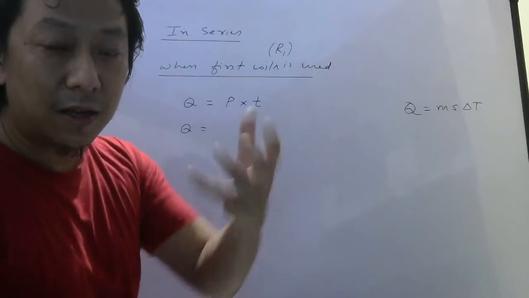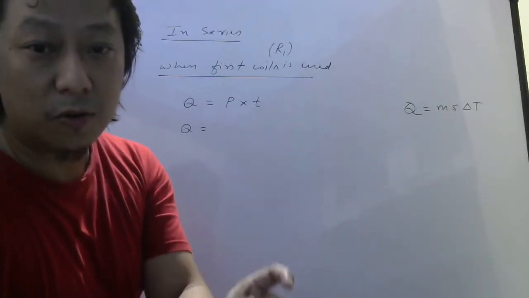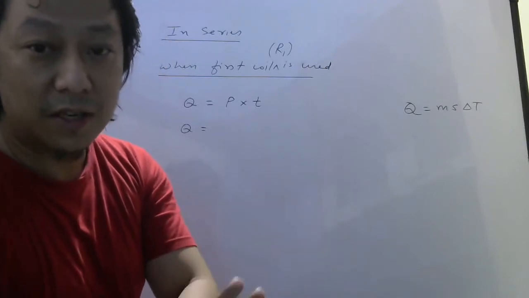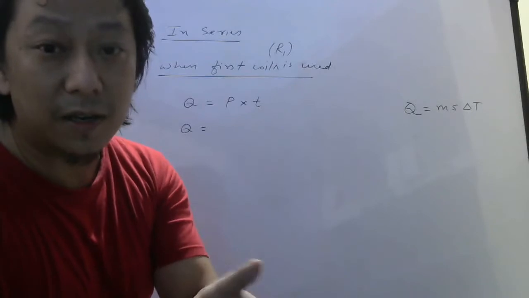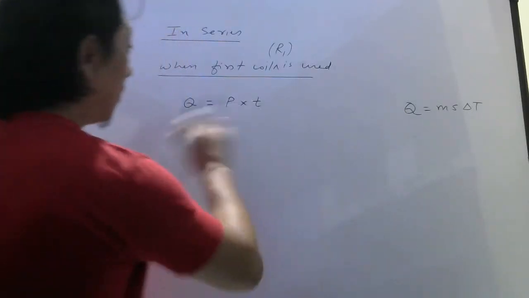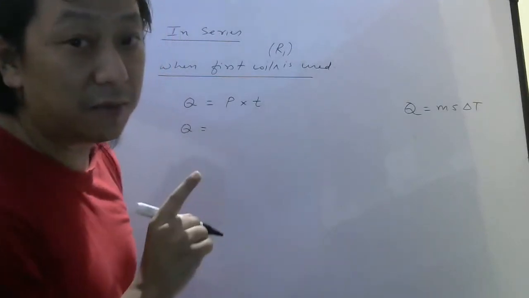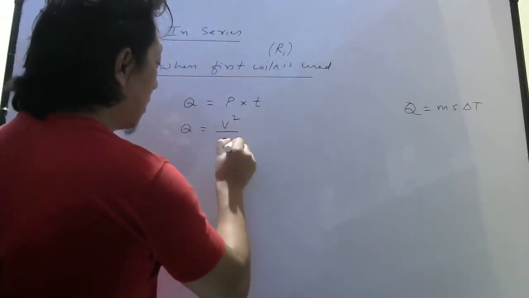Obviously, right? If the kettle is used at home, whether you are using one coil or both the coils in series, or the second coil, the voltage that is given to the kettle will be constant from the power supply. So we have to understand that voltage is same in this problem. So the heat we can write as V square by R1 into T1.